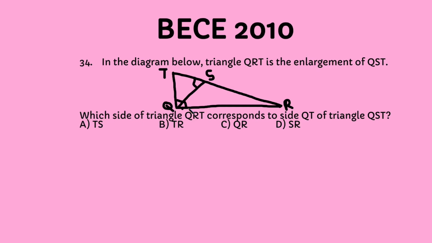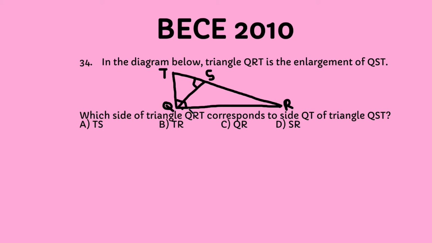In the diagram below, we have triangle QRT as an enlargement of QST. Now, always take note of where these points are. Do not get confused. QRT is the bigger triangle. However, in this instance, they didn't separate QST from QRT, they just placed it inside. QST is a smaller version of QRT. Let's not get confused at all with the sides.